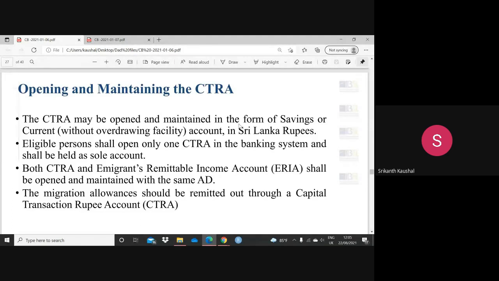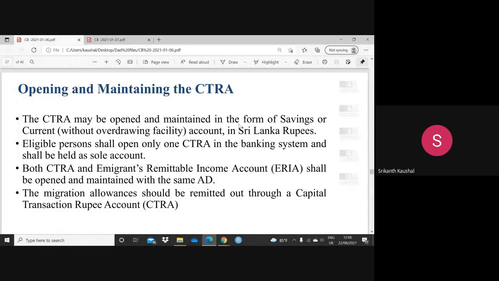No way. Both have to be opened with the same bank. The migration element should be remitted out through the Capital Transaction Rupee Account. So all your migration-relevant remittances should be routed through the CTRA, right?